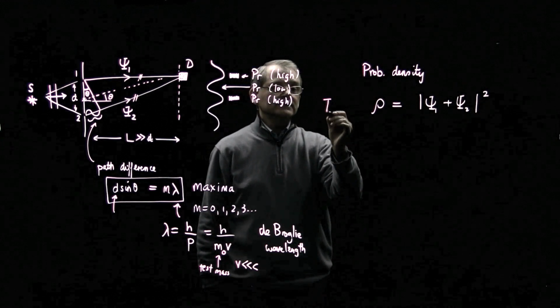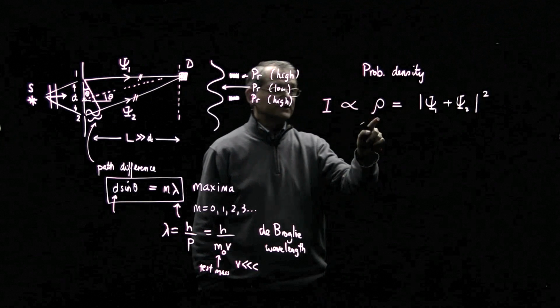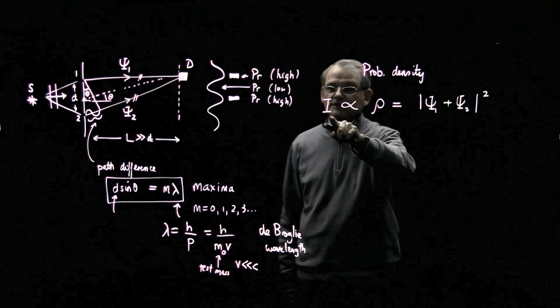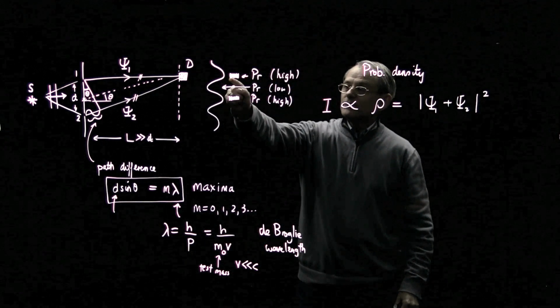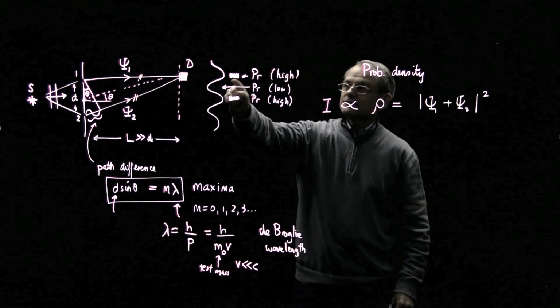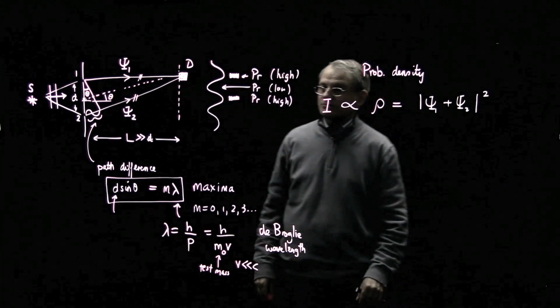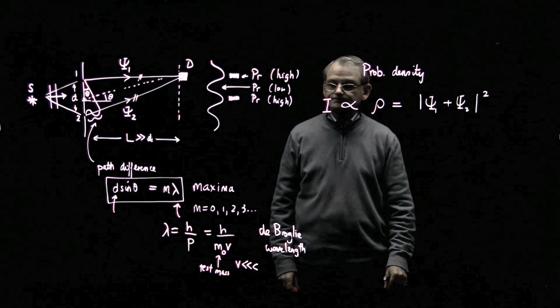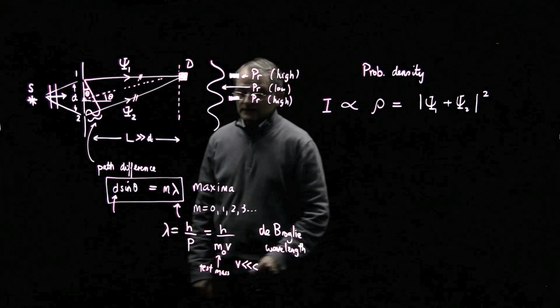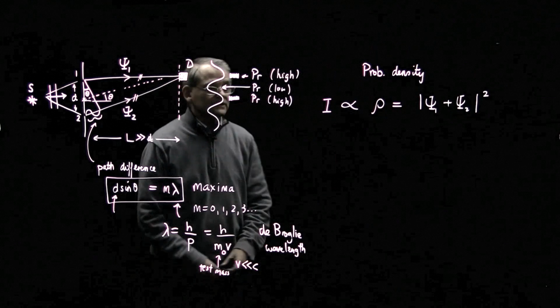And the intensity will be proportional to the probability density, and the intensity will be a measure of how bright or dark, or how many electrons or how few electrons arrive at a particular point on the screen. So I'll leave it there, and we'll return to discuss this in the next video.